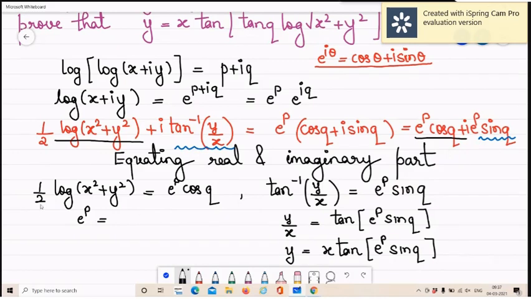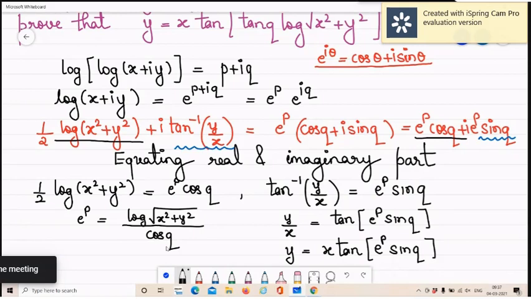Now what will be this? Half I am taking as under root because the answer required is in under root. So e raised to p is log under root of x square plus y square upon cos q. Do you understand why we did that? Yes, ma'am. Because in the proof the exponential is not there, the imaginary part is giving me a relation in which exponential is not required.